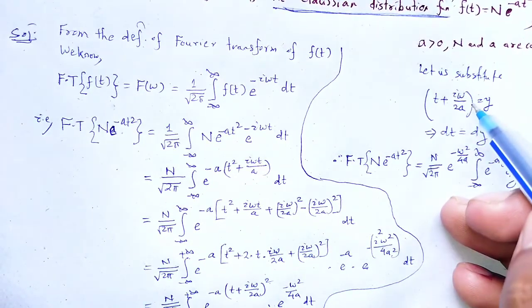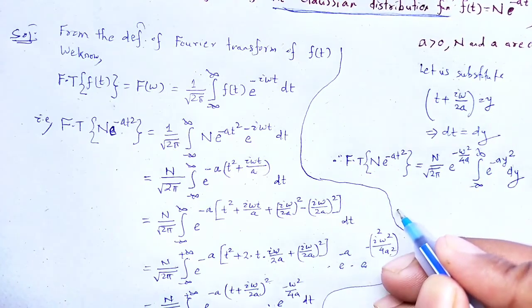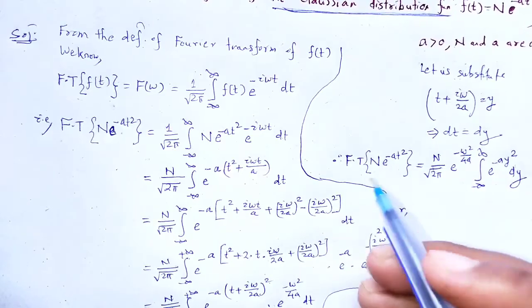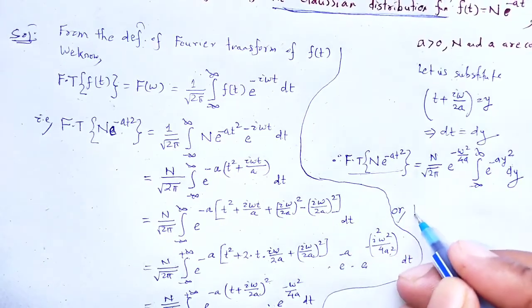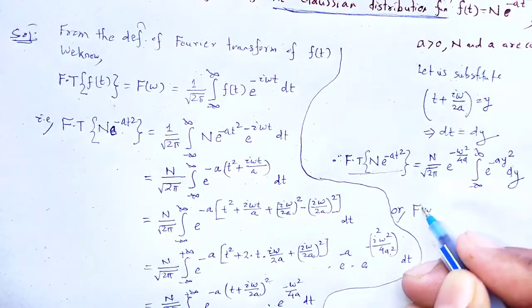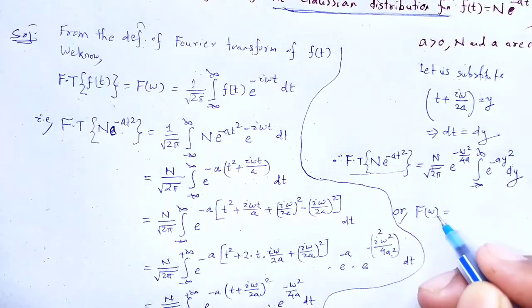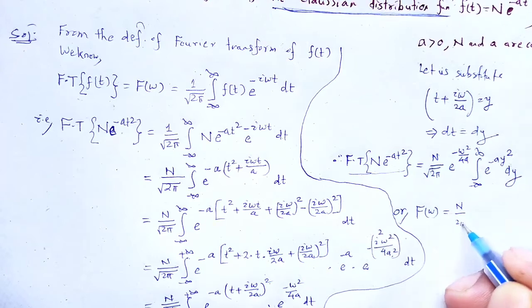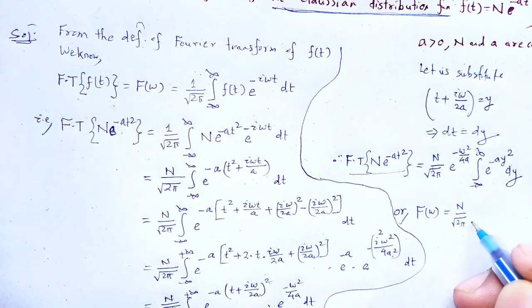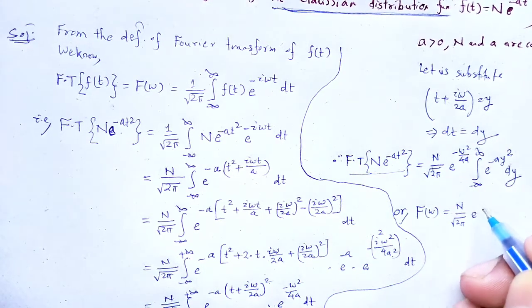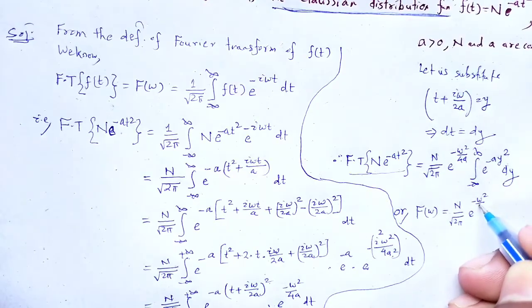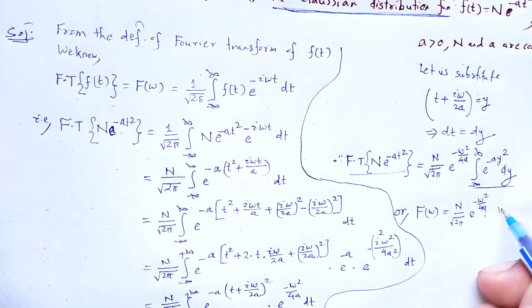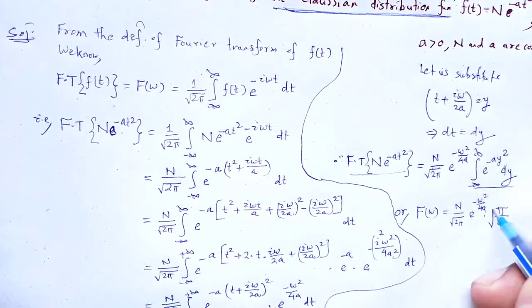The substitution we introduced gives the Fourier transform of that given function, that is f of omega, n by under root of 2 pi, e to the power minus omega square by 4a, and that integral is evaluated as under root of pi by a.